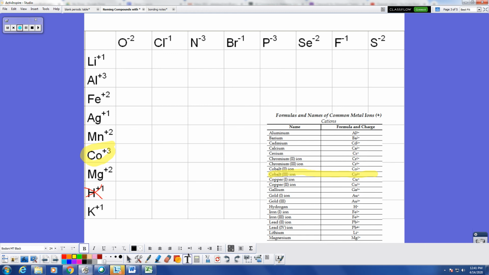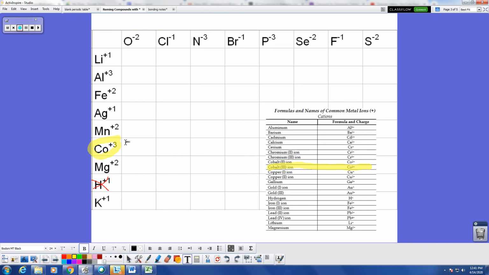So if we come here to do this name, you actually have to say cobalt Roman numeral 3 oxide. Okay, because you've got to specify, is it cobalt +3 or is it cobalt +2?